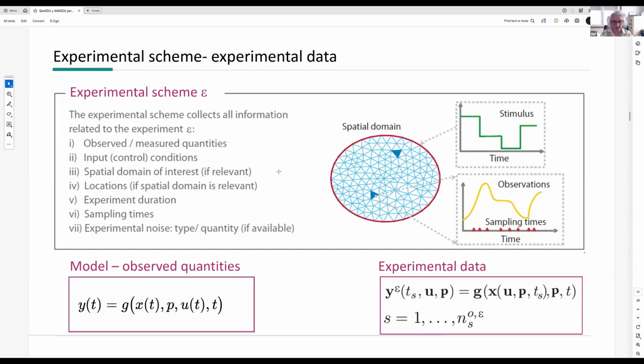For example, if you have replicates and you are able to account for some information about the experimental noise.